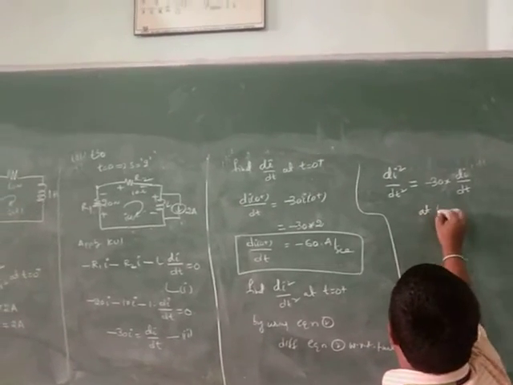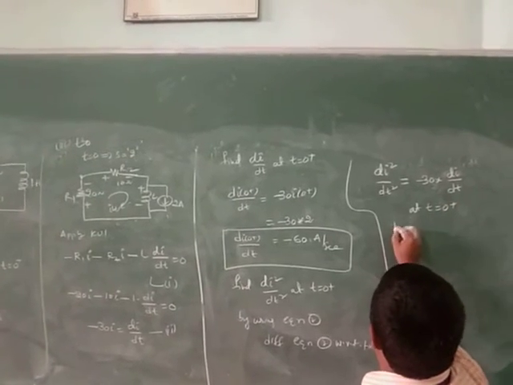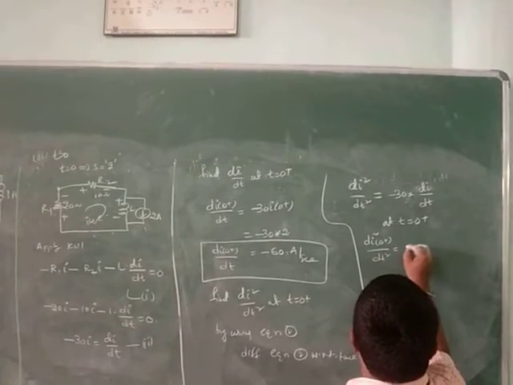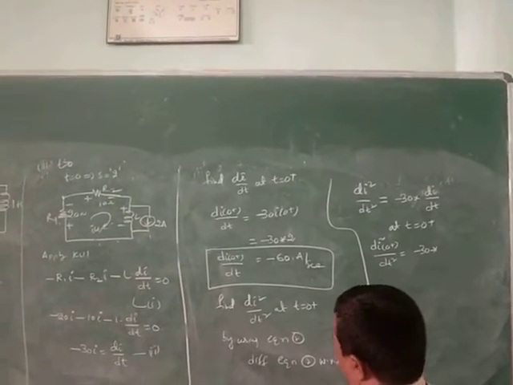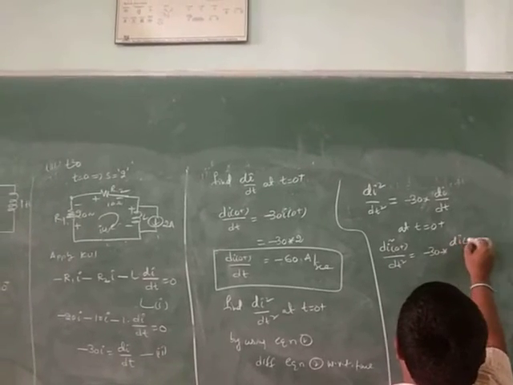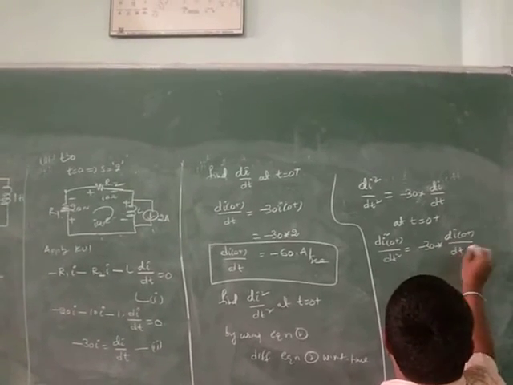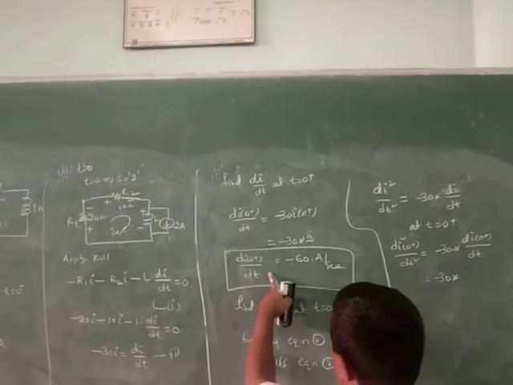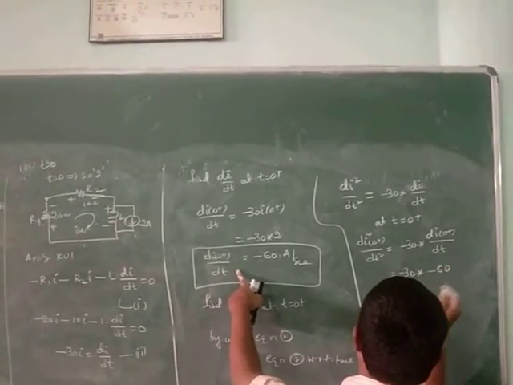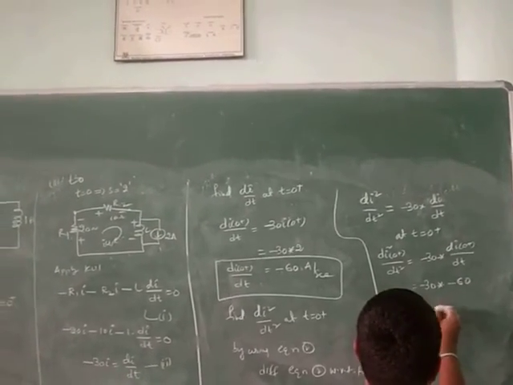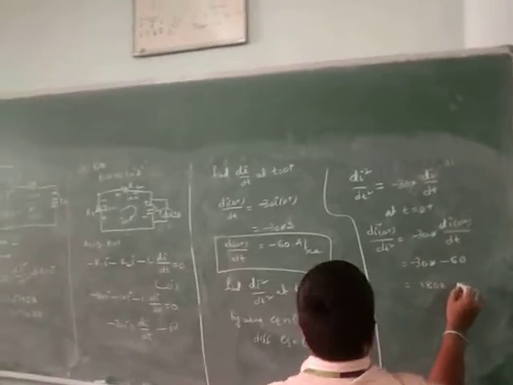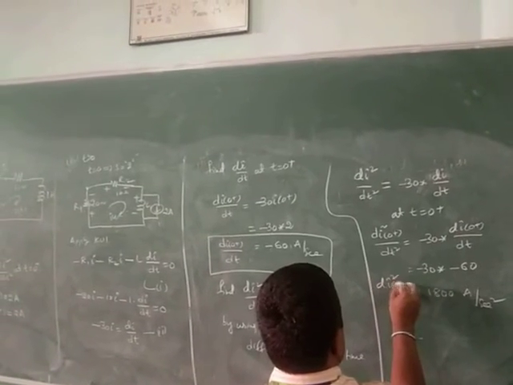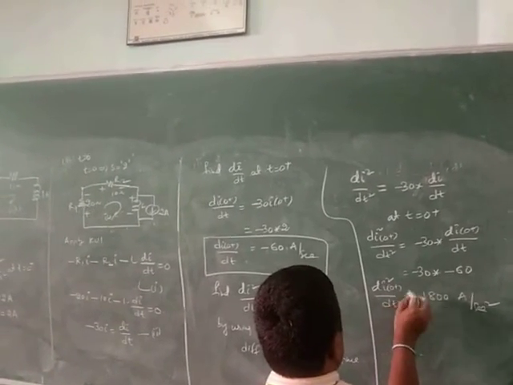Now find that value at t is equal to 0 plus: d square i of 0 plus by dt square is equal to minus 30 into di of 0 plus by dt. We already calculated di of 0 plus by dt, which is minus 60. So finally, d square i of 0 plus by dt square is 1800 ampere per second square.